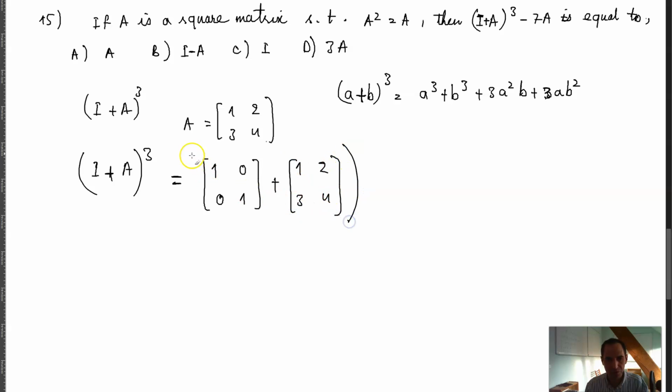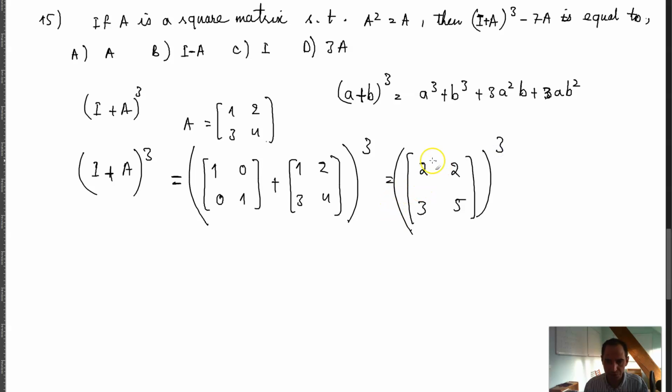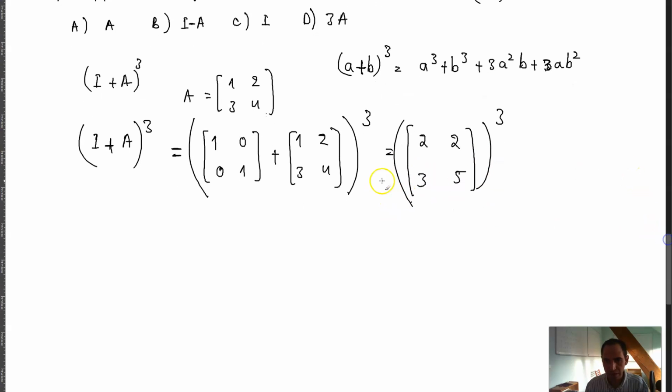And if I raise this to the third power, that would be equal to 1 plus 1 is equal to 2, and here you get a 2, here you get a 3, and here you get a 5, raised to the third power. Then if you raise this to the third power, you have to multiply it by itself, meaning that you would have 2, 2, 3, 5 times 2, 2, 3, 5 times 2, 2, 3, 5.